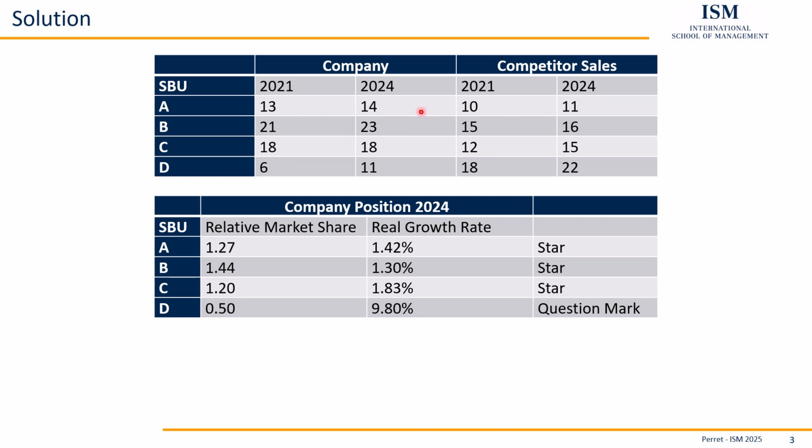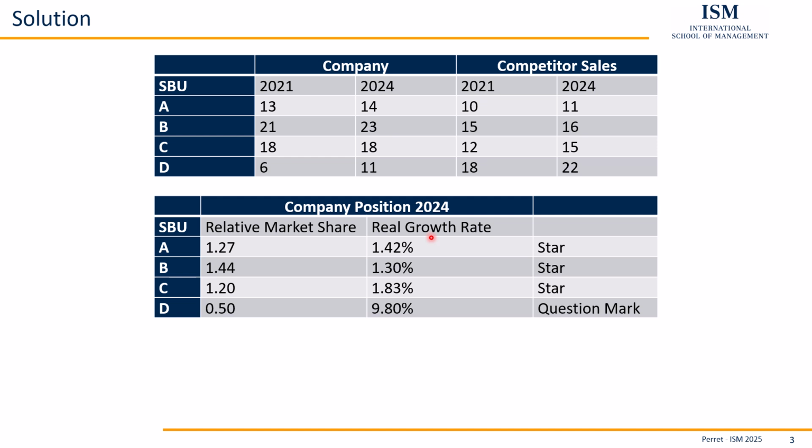Now we simply divide our values by the competitor values. So 14 by 11, giving me 1.27, 23 by 16, 1.44, 18 by 15, and 11 by 22. So that was quick and easy.